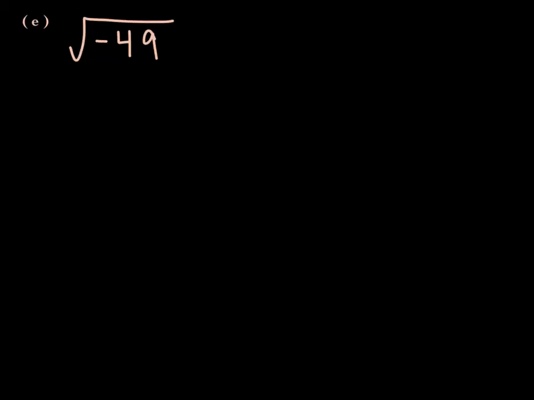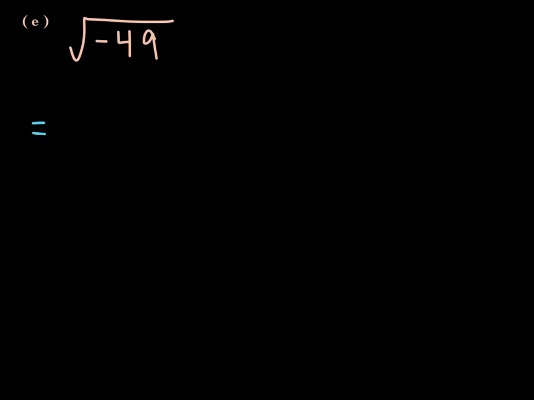The next one says the principal square root of negative 49. Now, notice that your radicand is negative. Find me the positive number such that when you square it, you get negative 49. Now, we have an issue here, don't we?